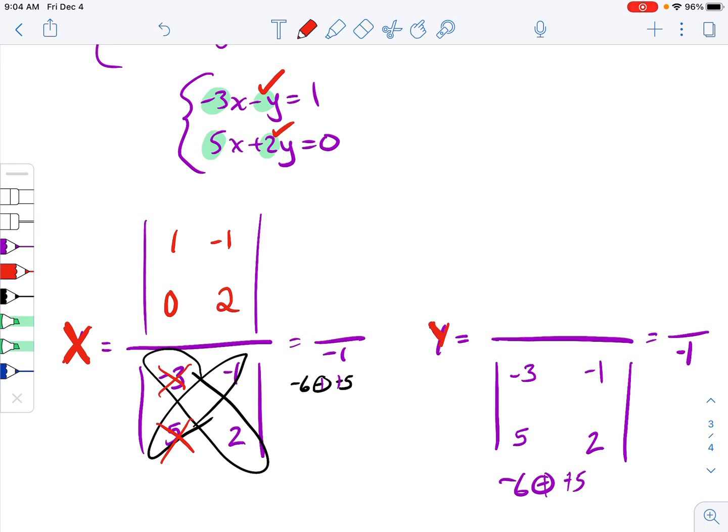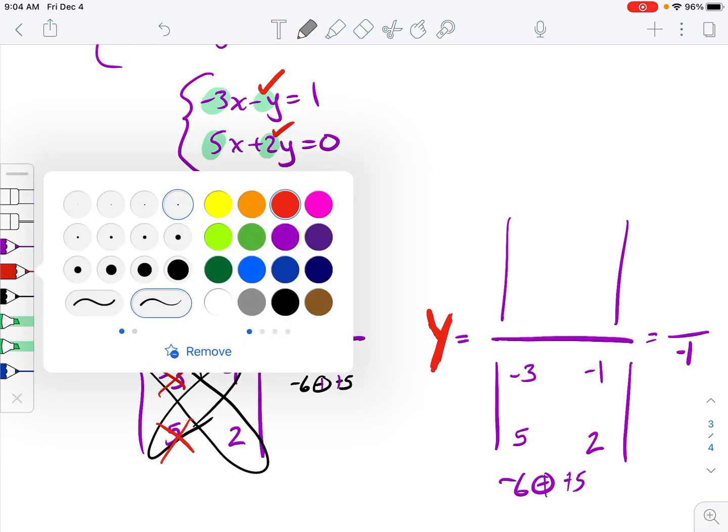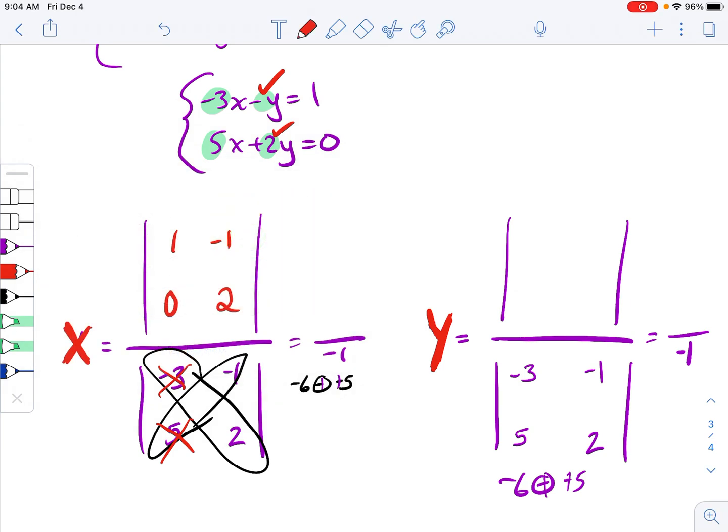Now over here, when I'm doing y, now I'm doing y, so instead of my y values of negative 1 and 2, those are not going to go up here. No. Now I'm going to put in my constants. Because I'm trying to figure out y, I do not use the y coefficients. Instead, I use my constants.